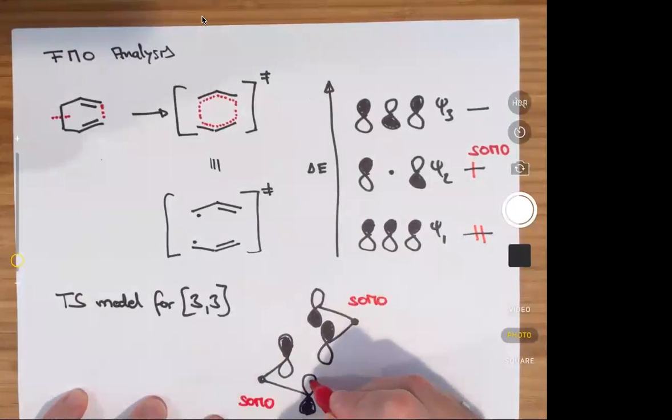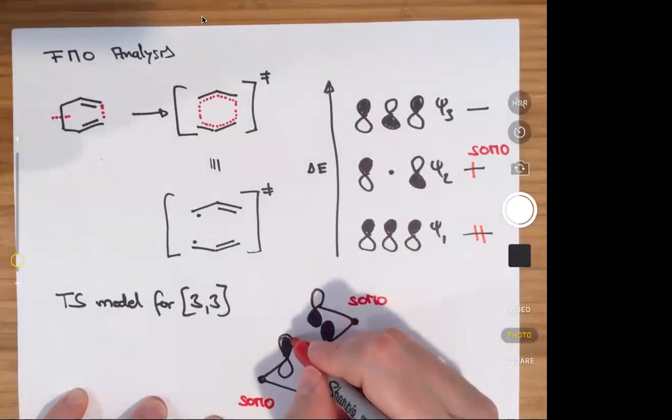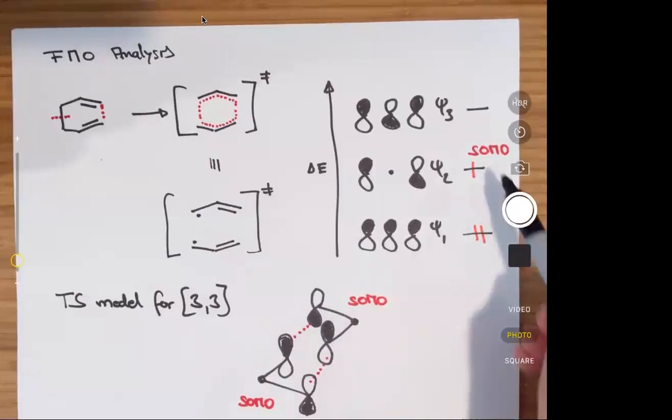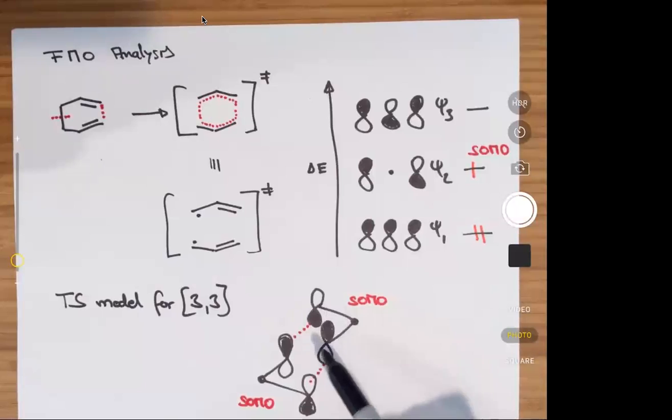And you see a favorable overlap between these unshaded lobes and between these shaded lobes at the ends of the pi system. So that would indicate that if you perform this reaction, it would proceed through something like a chair-type transition state, where each of these fragments essentially reacts as the single occupied molecular orbital of an allyl radical.